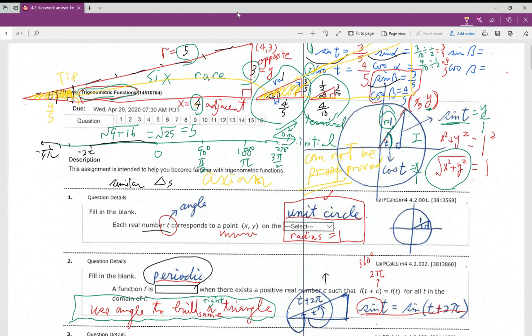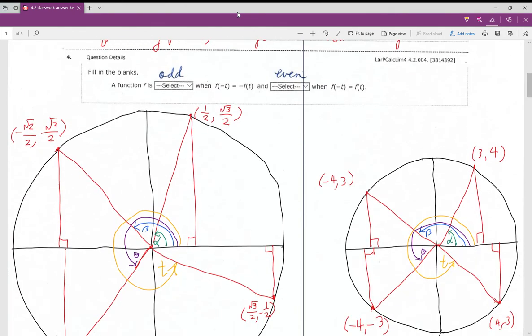I think I need a bigger space to explain more detail here. Okay, let me draw a big triangle. Let me change the color here. Okay.